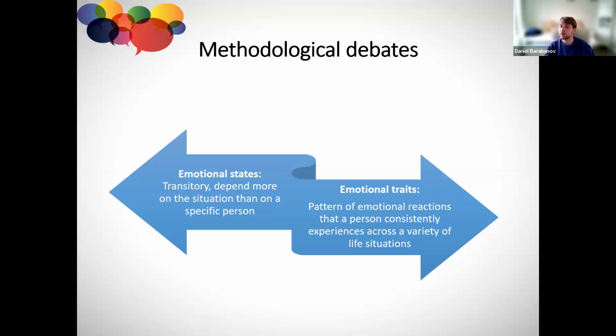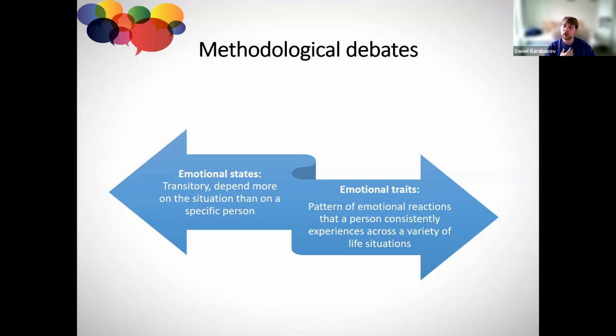It can be in grocery shops, where they're frustrated because of a huge line, or on the road because of a traffic jam, or when they wait to get their cup of coffee, right? So they have an emotional trait, for example, here being prone to anger, and it's not situation-specific, it's rather their trait or pattern, they're prone to react the same way or a similar way in many situations.